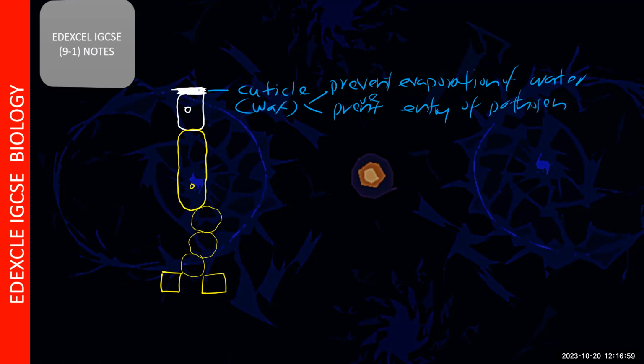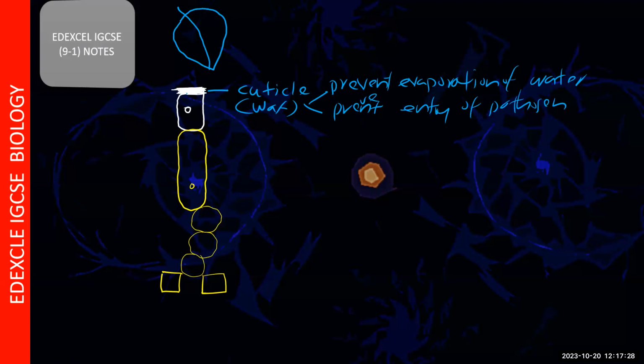So we can understand it like this. If the leaf has a large surface area and this is exposed to the sunlight because it needs sunlight to do photosynthesis, the surface area is high. If there is no wax layer, then the water can evaporate because of the high surface area. So then it is not good for the plant.